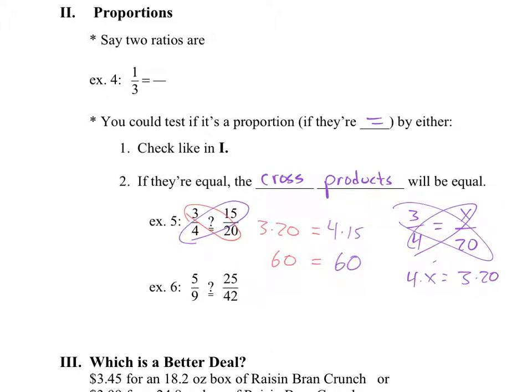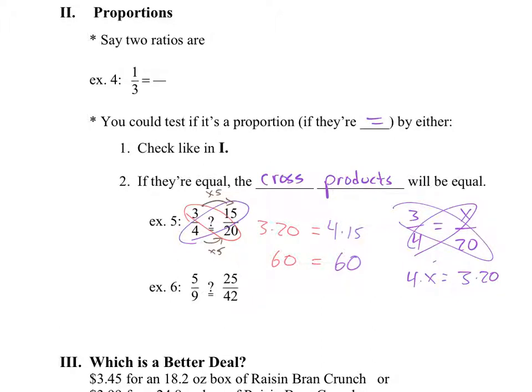So how you do it is really up to you. For me, I like doing that first way. I like saying, okay, 3 times 5 and 4 times 5. I prefer that way. But sometimes the numbers are just nasty. To figure out what you're going to have to multiply to get from the first to the second is not a nice number. It's going to be 8.24 or something. In which case, it's easier to do the cross products. But it's totally up to you.